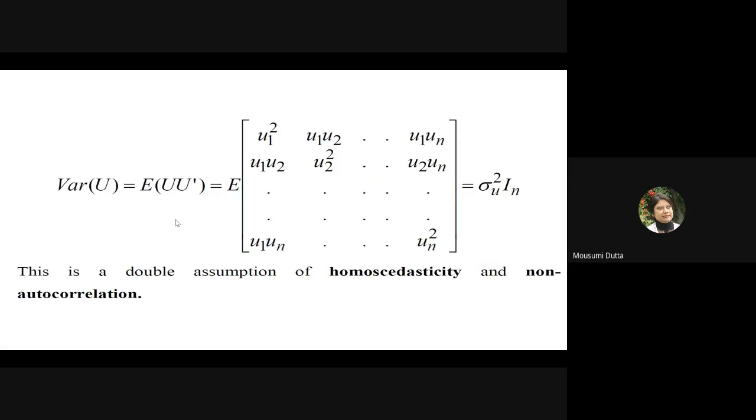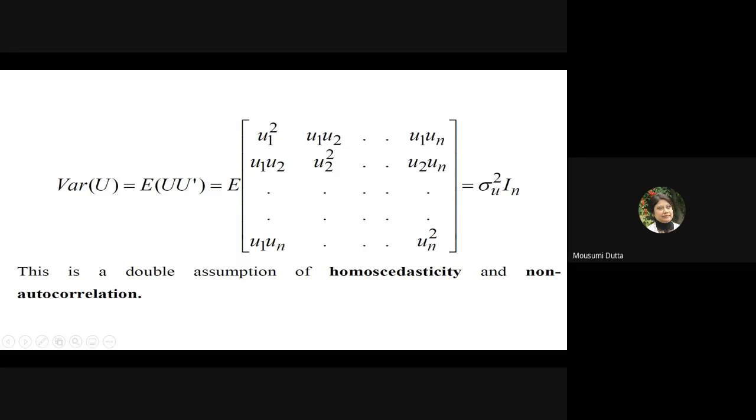Now, u is of order n by 1, and u prime is of order 1 by n. So please, in your copy, write down the u vector and the u prime vector, take the product of these two, and check whether you can generate this kind of matrix or not.